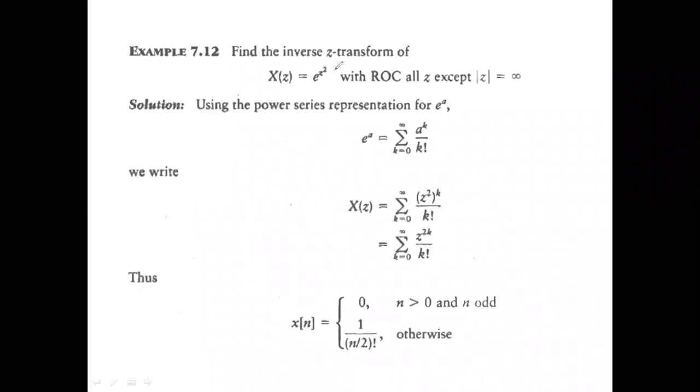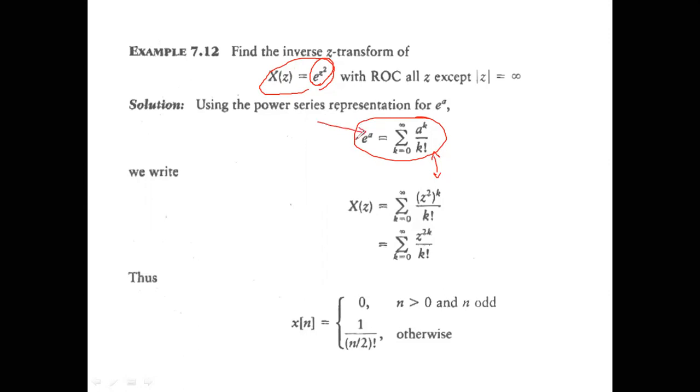They have simply given x of z equal to e to the power z square. Now the question is, do I know the expansion of e to the power z? If I have it in this particular format, it is easy for me. So here there is one constraint. We should know this particular series.